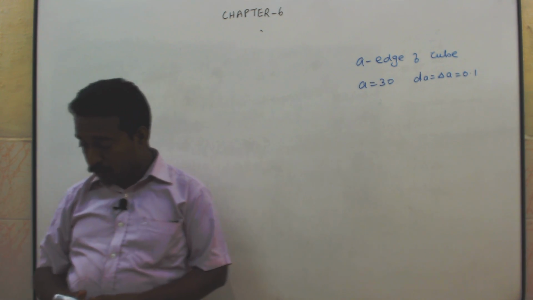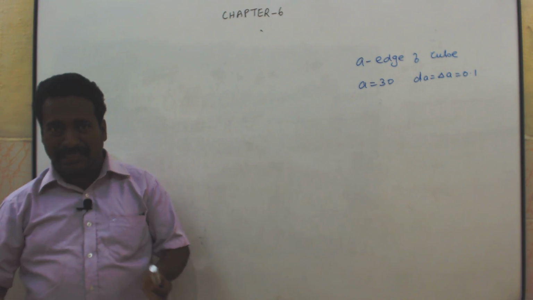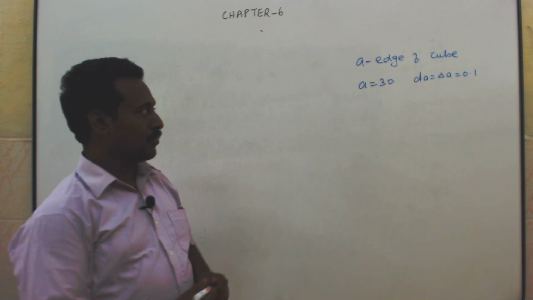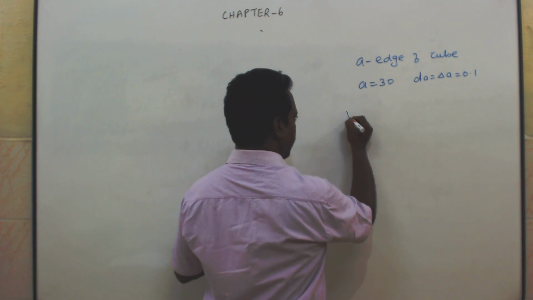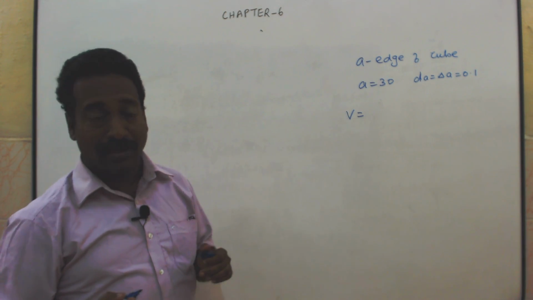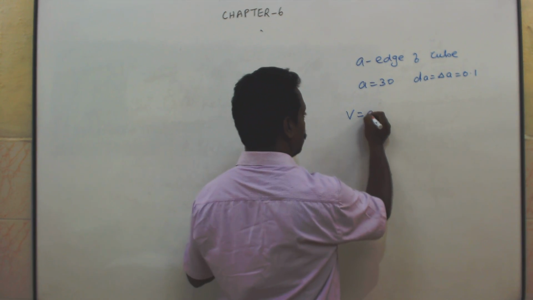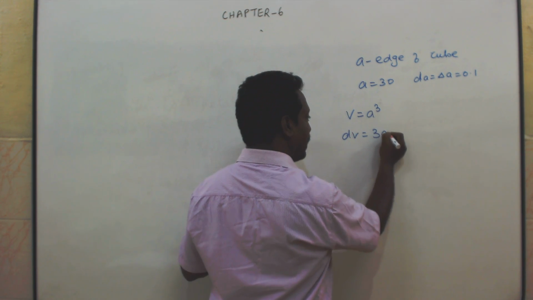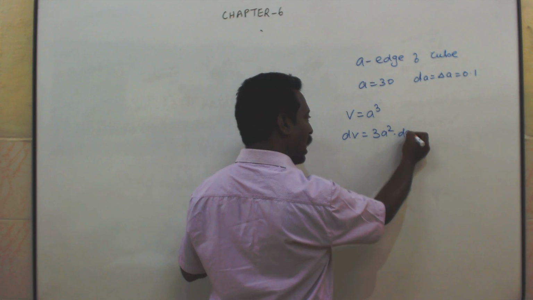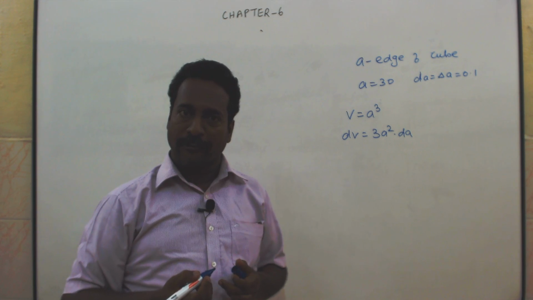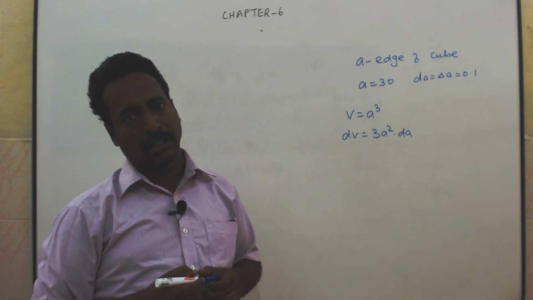What we have to find out? The maximum error means absolute error in volume. So first we have to find out the volume of the cube. What is the formula to find the volume of a cube? V is equal to A cube. Then differential dV equal to 3A square into dA. So y is equal to f of x, dy equal to f dash of x into dx.